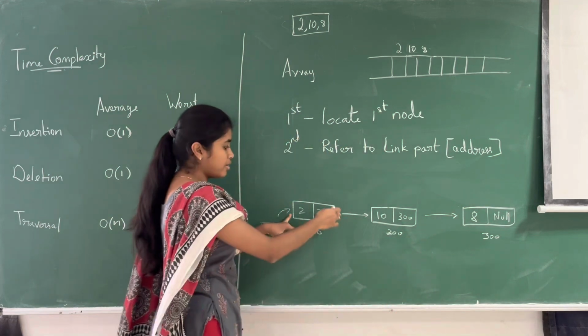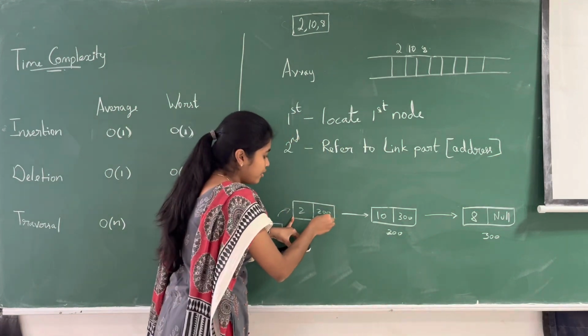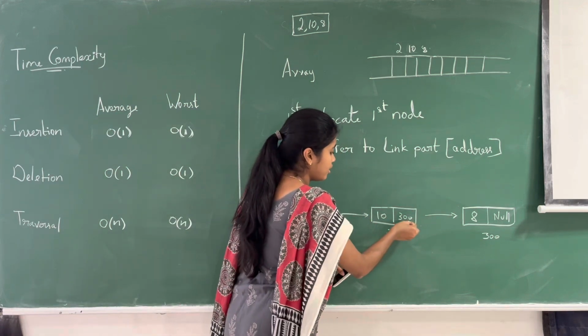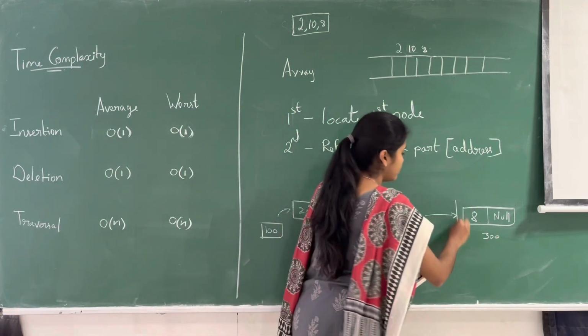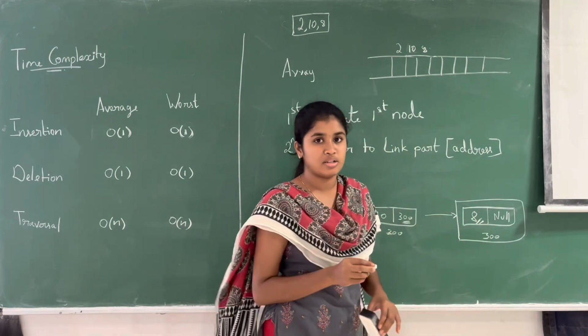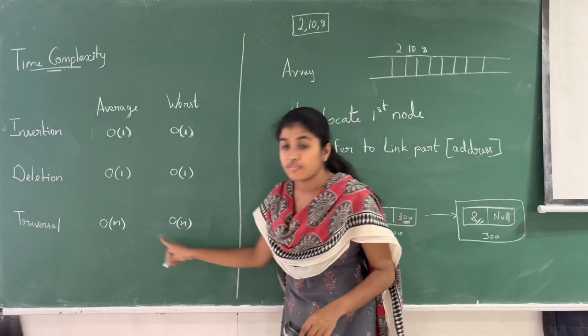First, we have to locate the first node. Then, by referring to this address 200, we have to locate this node. Then, by referring to this address 300, we have to locate this node. Only then we will be able to access the element 8. That is why traversal takes order of n time complexity.